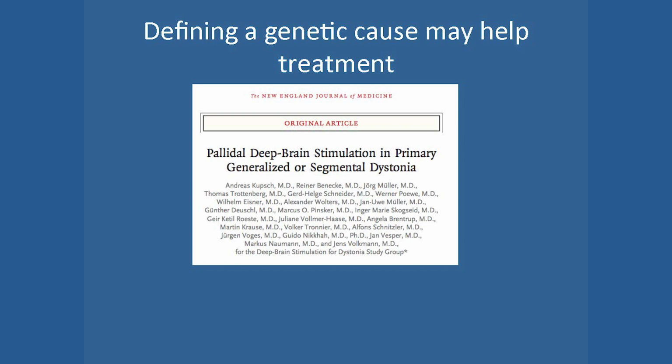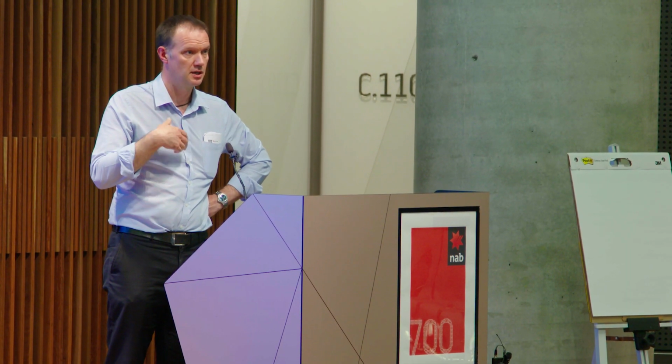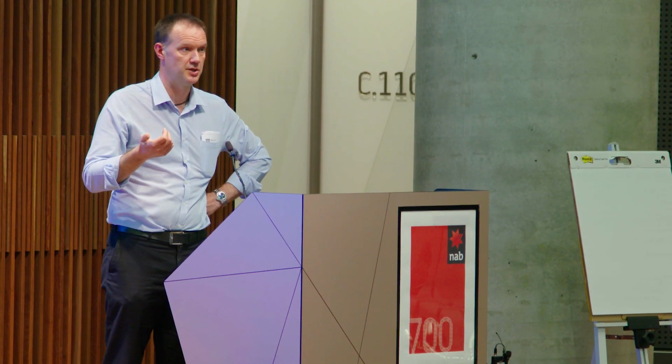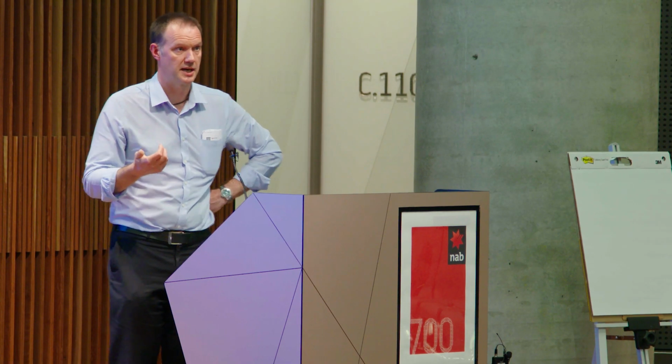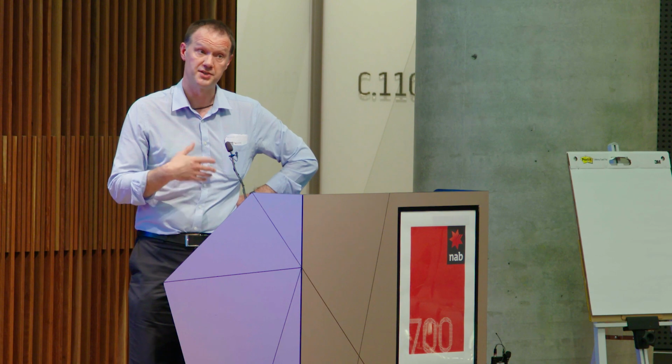But at the same time, defining a genetic cause may help the family in treatment. And of course, this issue of some patients with genetic dystonia are more likely to respond to deep brain stimulation, which is certainly something we are doing not frequently, but increasingly. Maybe 2 patients a year we treat with highly suspected genetic dystonia who are severely impaired.